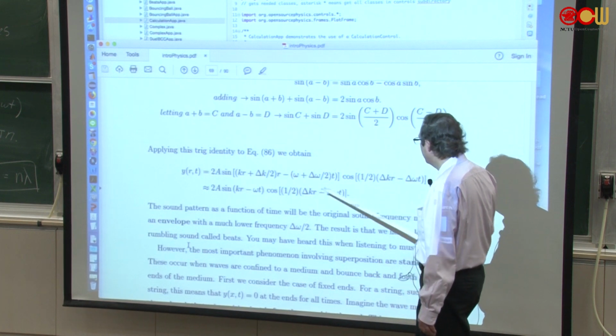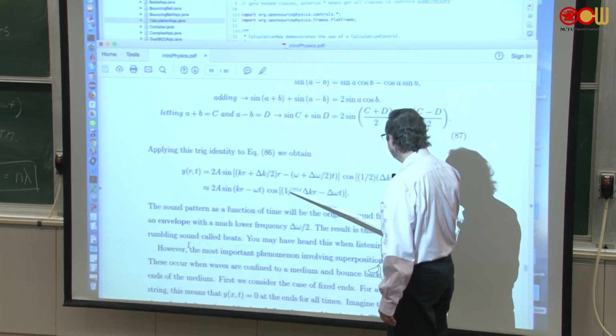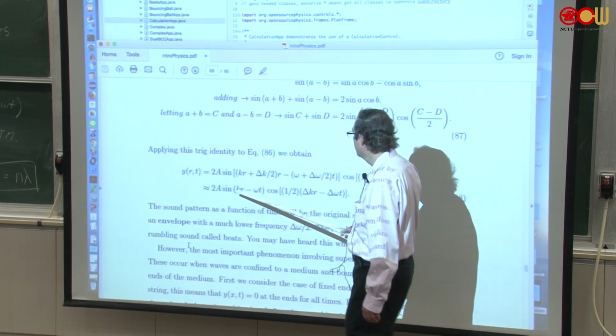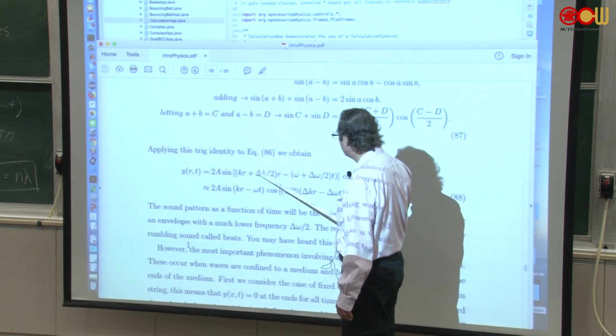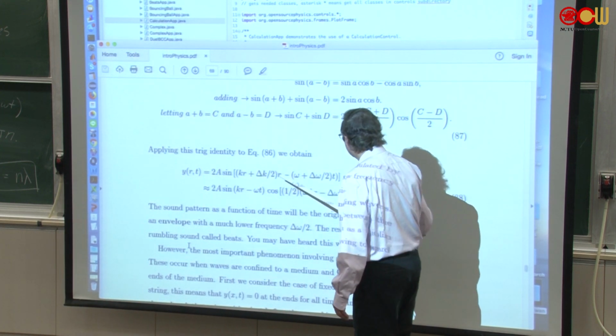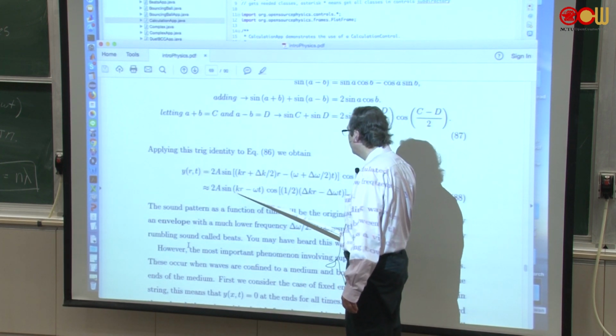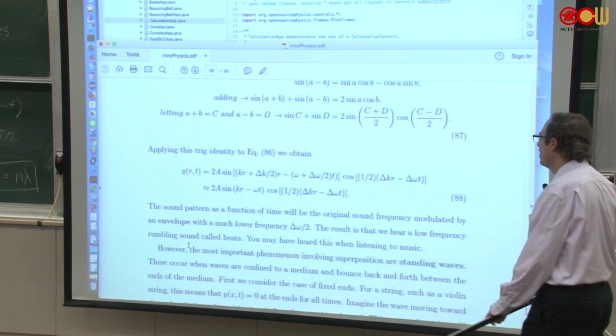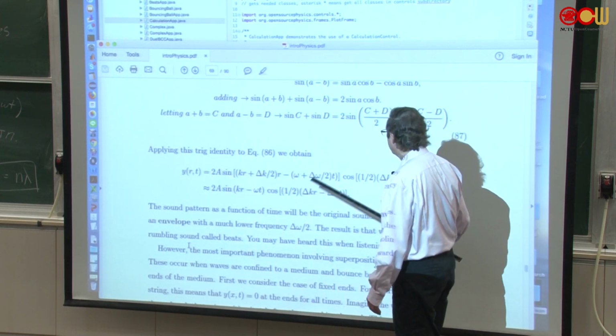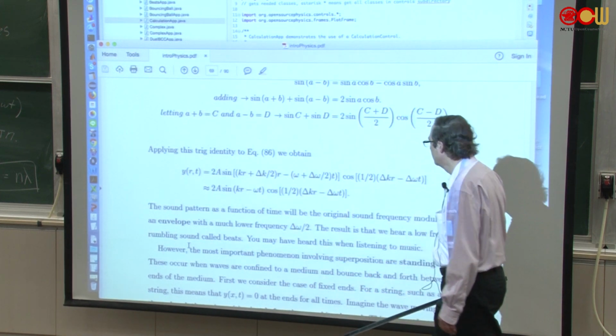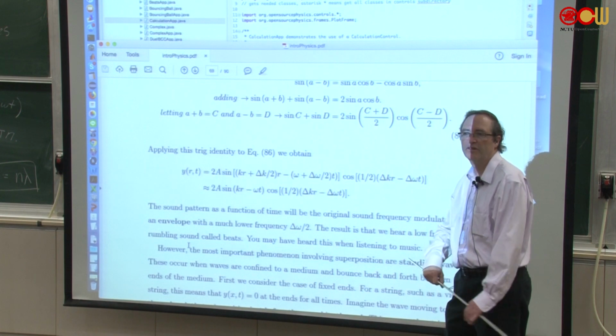So I stick that in. Here it's the same. And here, delta k we'll assume is very small, and delta omega very small. So it's approximately the same as it was before. One could leave this in if one wanted. All right, so it's a little different. All right, so that's the result you get.